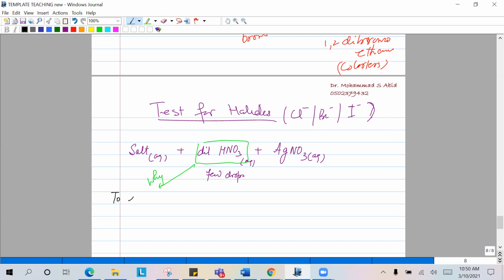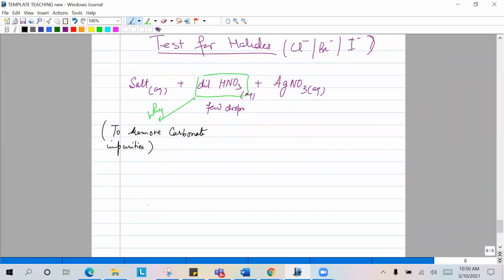You have to say to remove carbonate impurities. The reason why we want to remove the carbonate impurities is because if you don't remove them, then the carbonates will also be precipitated out as a white precipitate. So that will interfere with our result.